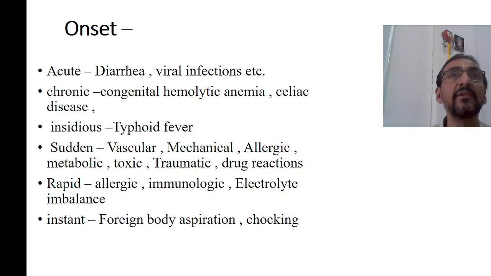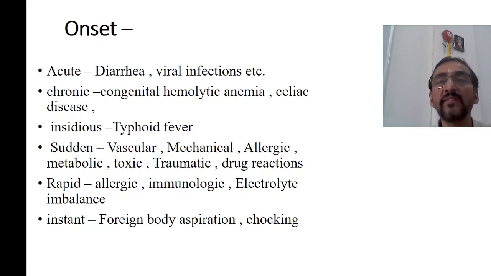They are all of sudden onset or rapid onset. Rapid means extra sudden, very sudden. Allergic, immunologic, electrolyte imbalance have rapid onset. So instant, very instant: foreign body aspiration, choking, or sometimes syncope.